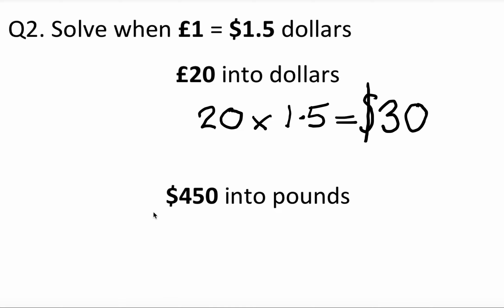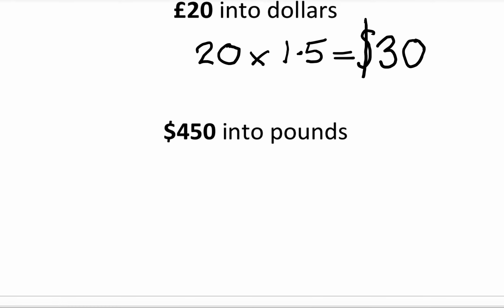And again, we've got $450, but we want to turn that into pounds. So what's the exchange rate? As I said, it's 1.5. So all we need to do for this one is divide it. So we've got 450 and we divide that by 1.5.